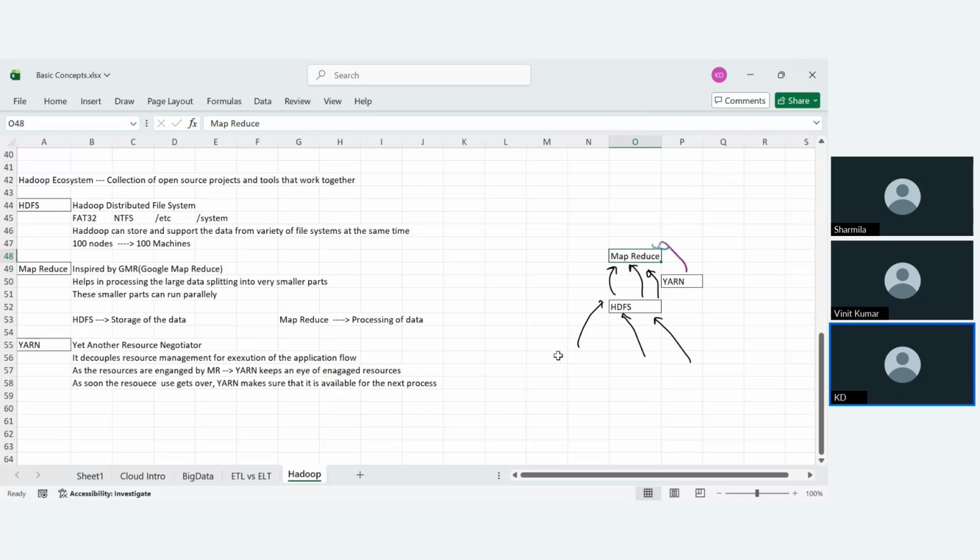At some point, somebody says a new item has come that also needs to be distributed. The person distributing the chutney, as soon as he finishes and chutney is available with everyone, will leave the chutney and start distributing that new item. So that is the decoupling of the task.